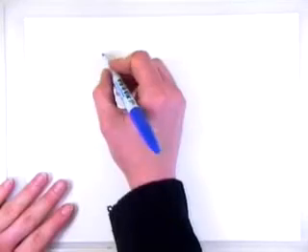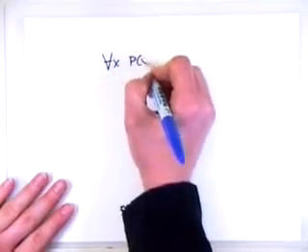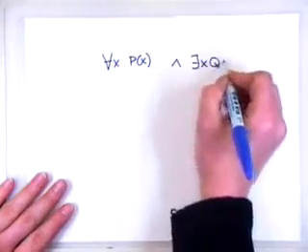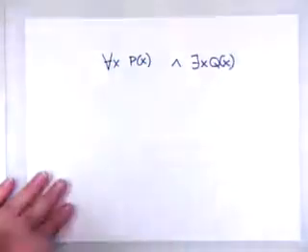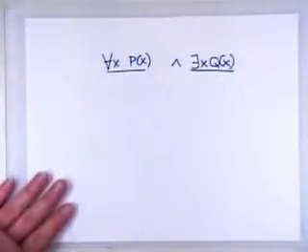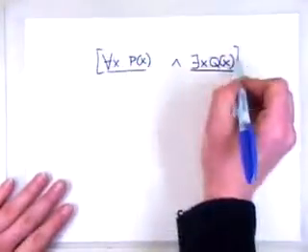Okay, and since these are propositions, they work just like other propositions. Once I've made a predicate into a proposition, I can use it just like I use regular propositions. For example, I could use De Morgan's with these. If I had for all x, p of x, and there exists x, q of x, each of these values is a proposition, so I could apply rules to it.